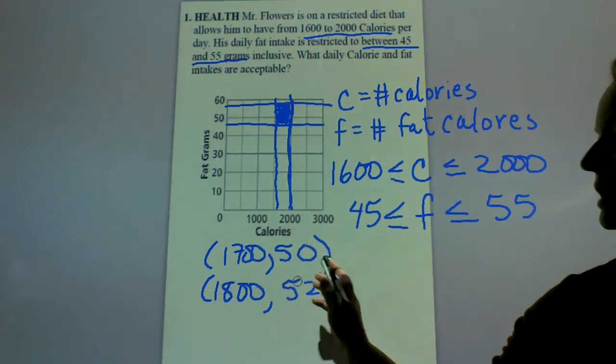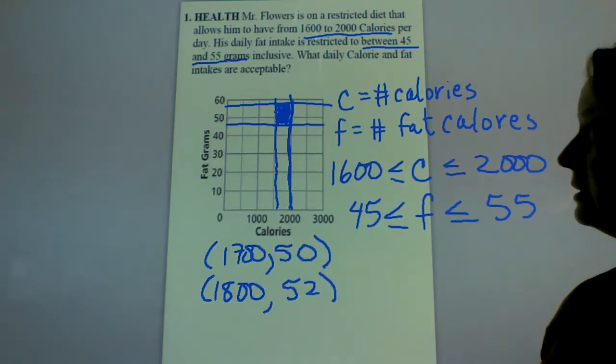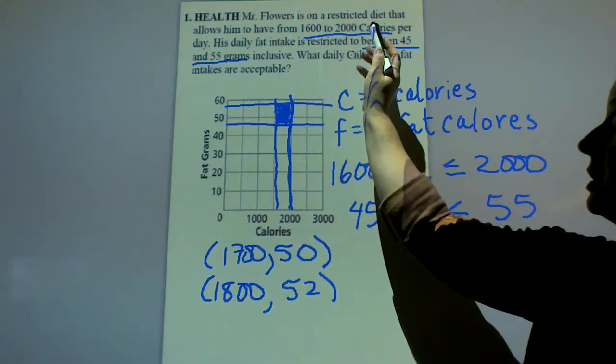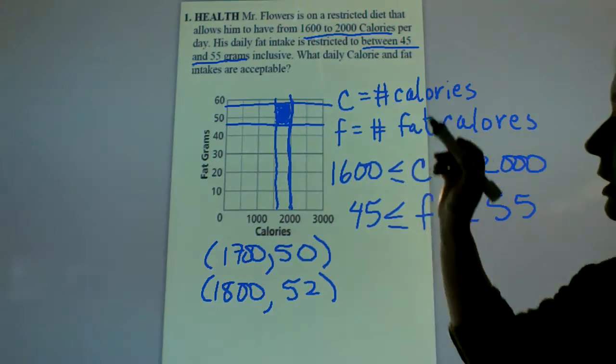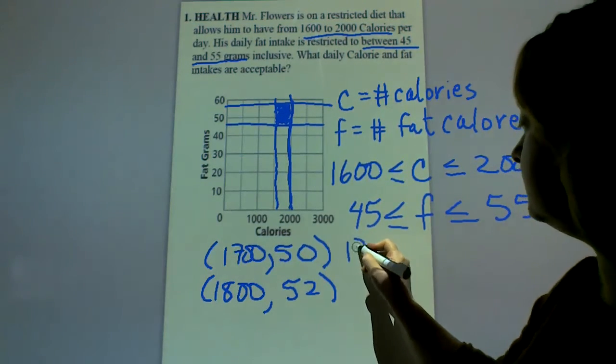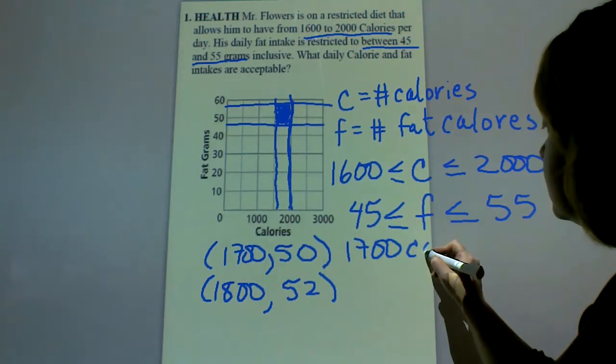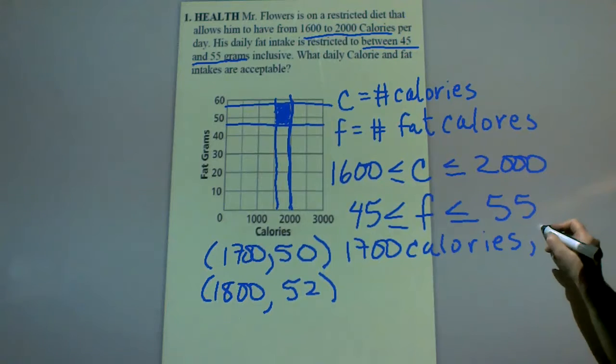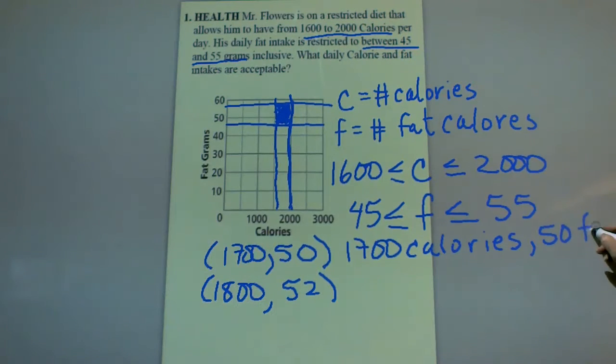Then you just want to take your points and translate them into the terms of the problem. So you're going to say 1,700 calories, comma, 50 fat grams.